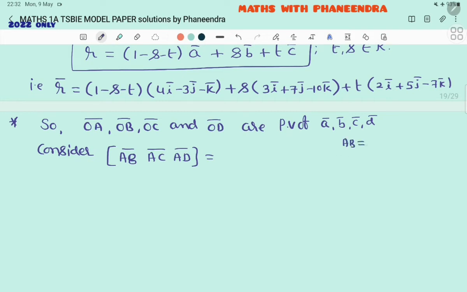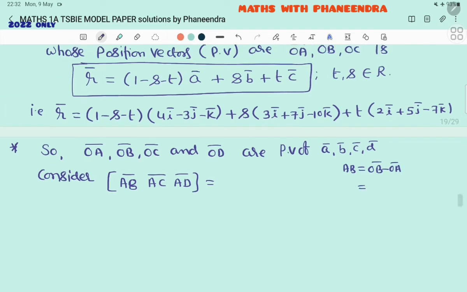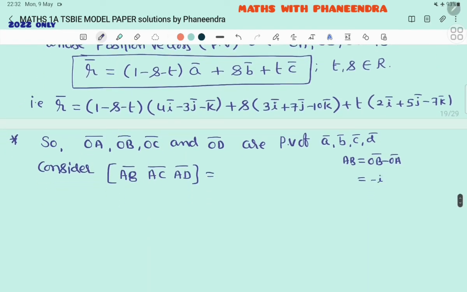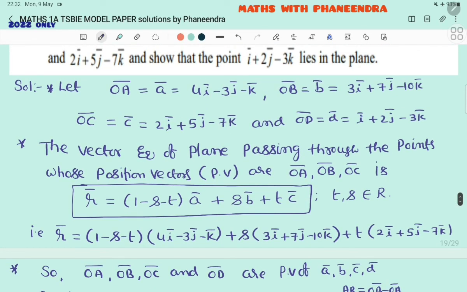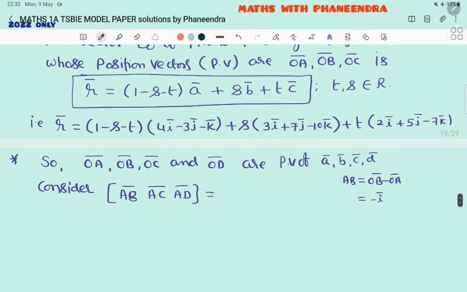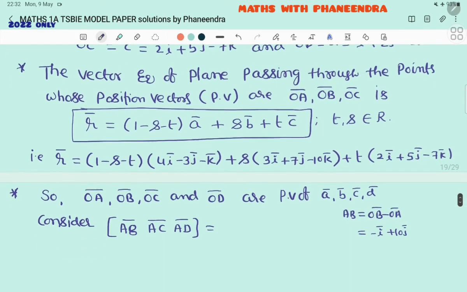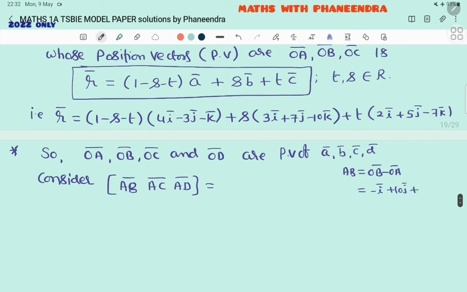AB is equal to OB minus OA. So directly OB minus OA can be subtracted. 3i minus 4i is minus i. Next, 7j minus of minus 3j will come, 10j. Next, minus 10k plus k, so minus 9k.